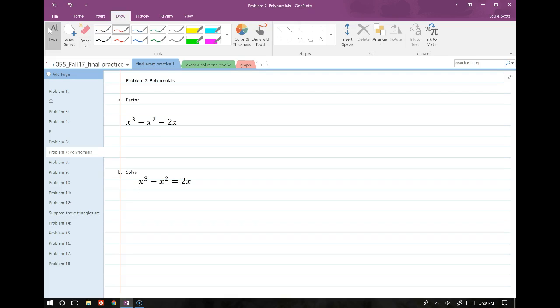If you're still working on part A, go ahead and move to part B and just see if you can solve that. See if you're going to remember the way to solve that guy.